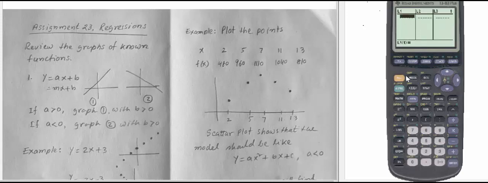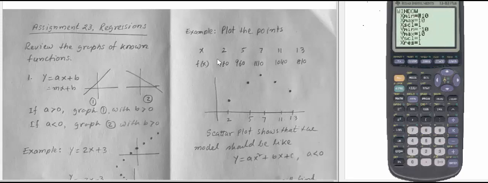Put your points now. First x is 2, then x is 5, then x equals 7. I give all the entries. So the first column is done. I'm going to the next column and give the entries there. So my entries are all here. Next we go to the window.